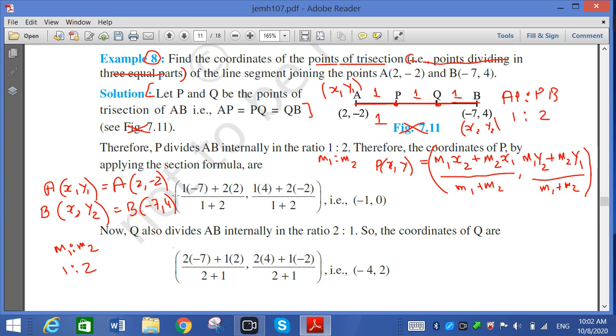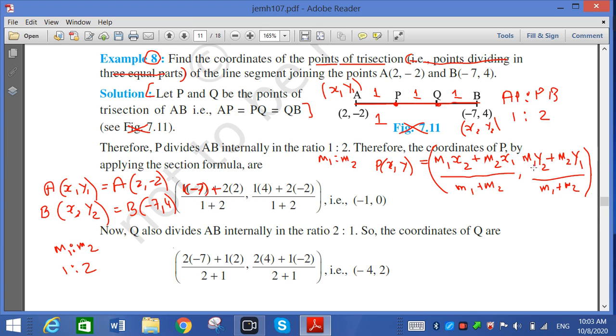Now you will see I am putting in the values. m1 is 1, so here it is 1. x2 is -7, so 1 in bracket, minus 7 in bracket, plus m2, that is 2, into x1. Where is x1? x1 is 2, so 2 into 2, upon m1 plus m2, 1 plus 2.